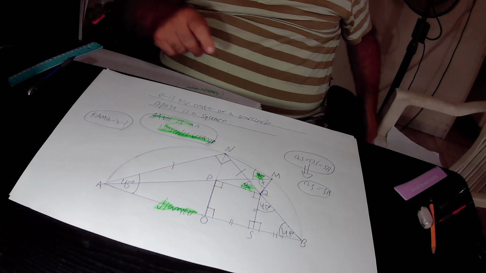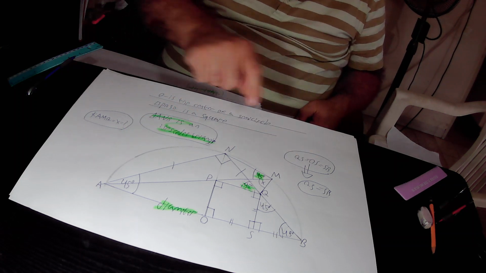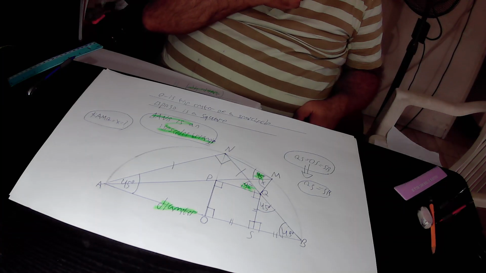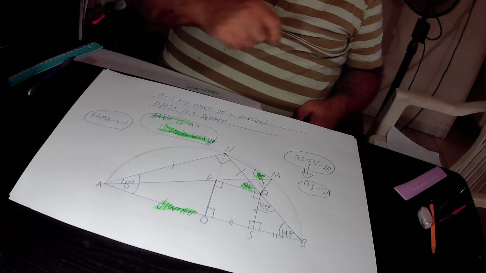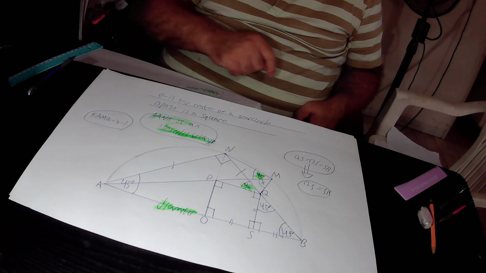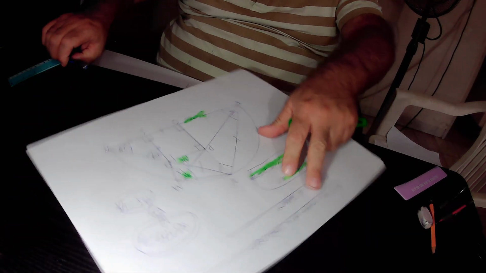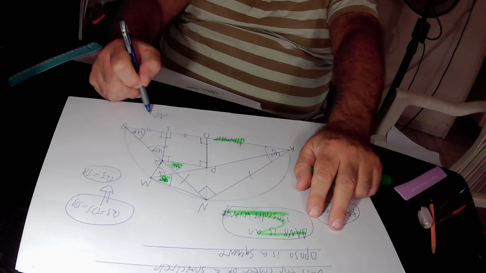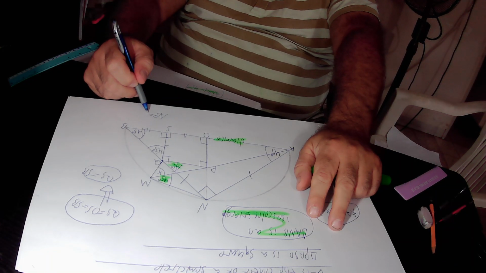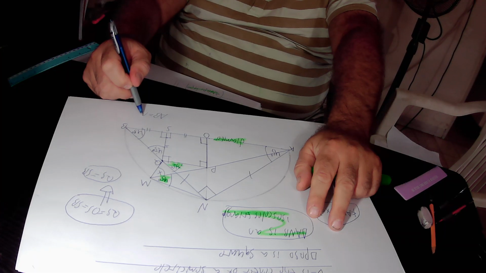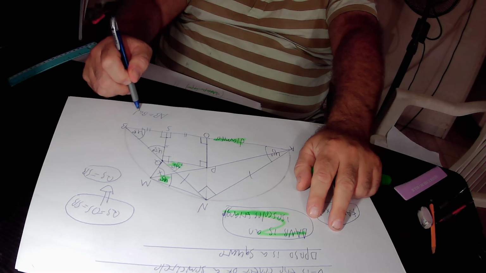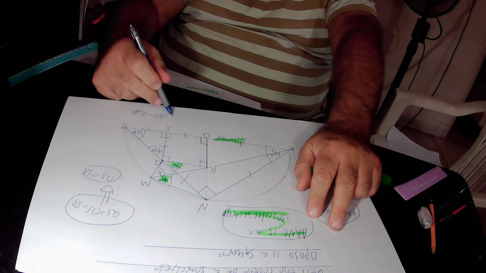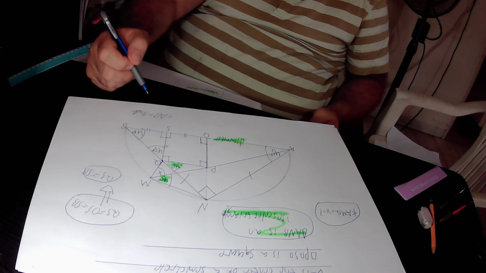Because in our drawing we have the isosceles triangle, triangle ANB. AB is the base of the isosceles triangle ANB. AB is also the diameter of the semicircle. So AB is simultaneously the base of the isosceles right triangle ANB, and it is also the diameter of the semicircle.